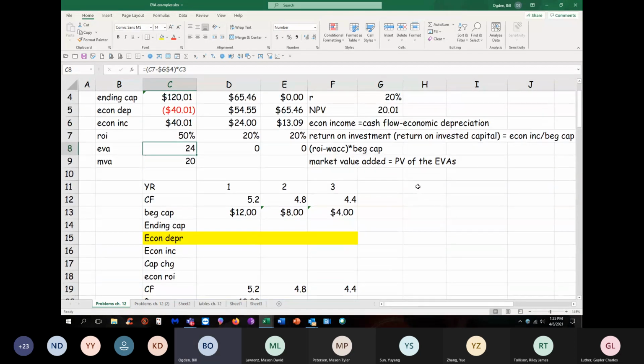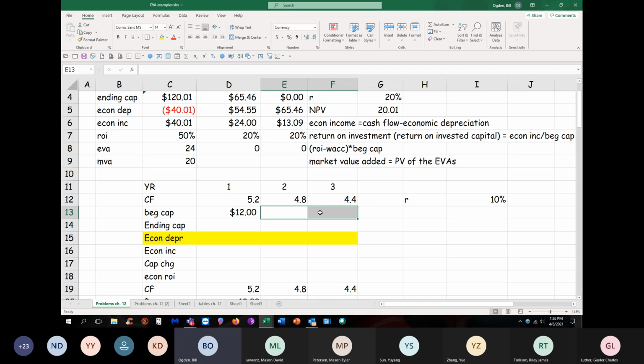Okay, let's set an R over here of 10% for this problem. This is another example. All right, and let's begin just like we did. Oh, you know what? Let's eliminate these. I'm sorry, we don't know those yet. Well, those are right, but we just don't know them yet. Let me show you how to find those.